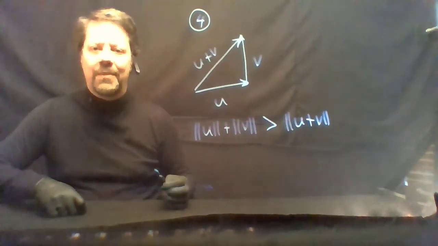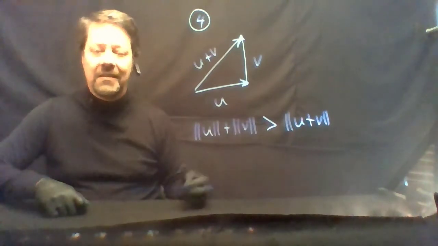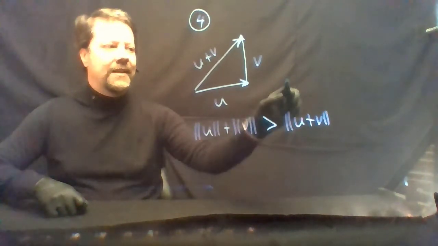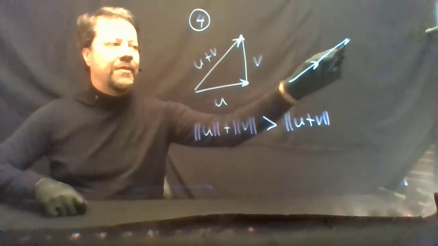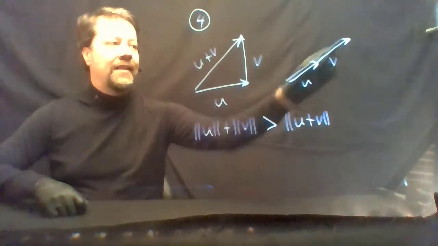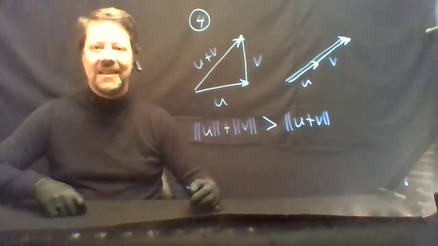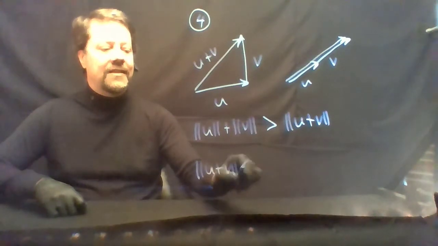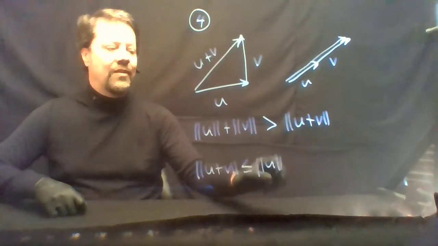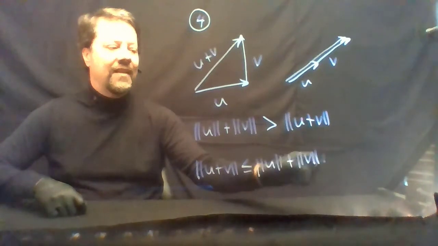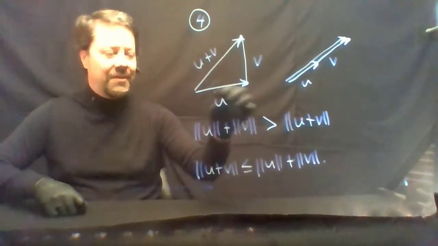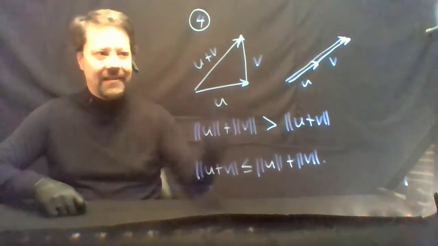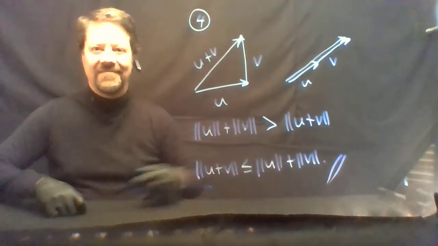How come when I wrote this property down before we had the inequality with the possibility of equal to? That's because u and v don't have to form a triangle. And if they don't, you can get equality. So we have the norm of u plus v is less than or equal to the norm of u plus the norm of v. And that's based upon the high school geometry principle that when you add the lengths of any two sides of a triangle, what you get is greater than the length of the remaining side.